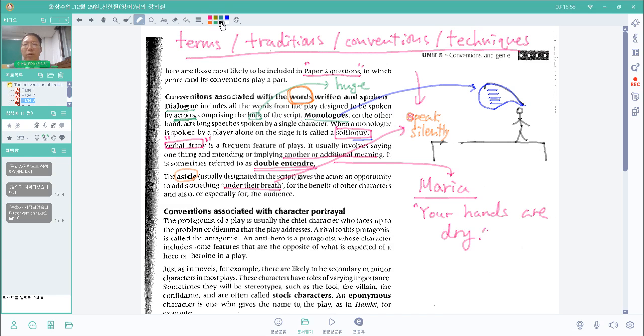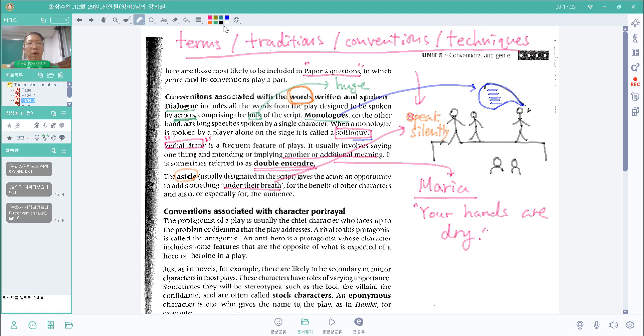So what happens during the aside is that there is an audience, and there should be other actors and actresses on the stage too. These actors are having a dialogue, and suddenly one actor wants to express his own secret opinion to the audience. Then an aside can be made.